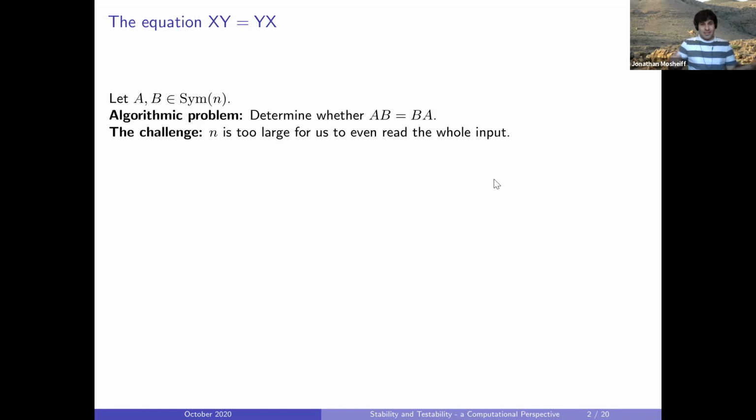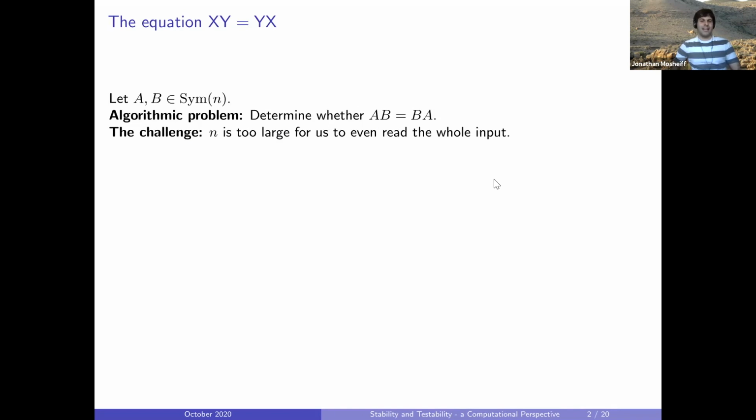And of course, this can be done in linear time. But the problem is, what if we don't have linear time? What if n is so large that even just reading the entire input would take too much for us? So it's not hard to convince ourselves that if you can't even afford to read the input, then you're not going to be able to fully solve this problem.